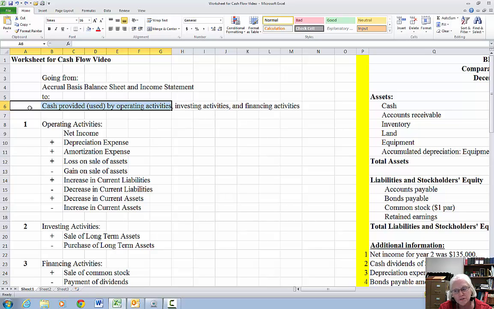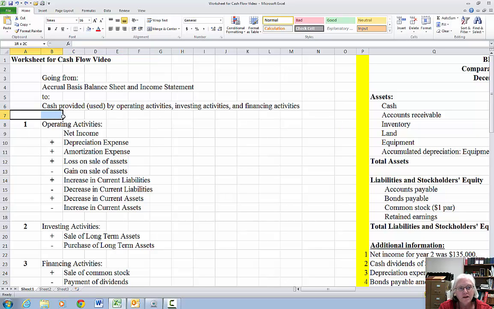Mom and pop grocery store down the street don't care that we record revenue when we earn it and we record expenses when they're incurred. They care, where did my cash come from and where did my cash go to? So that's kind of the shortened version of the cash flow statement. Okay, so just kind of keep that in mind.